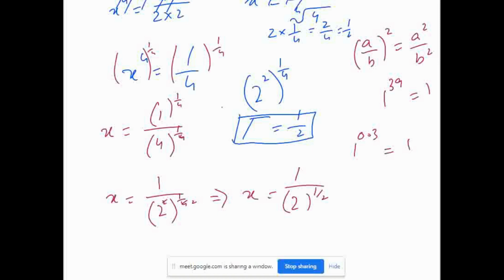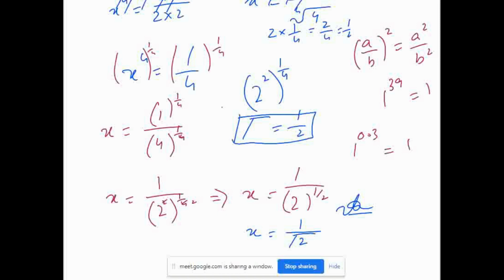No, it's not that complicated if you are familiar with the topic indices or exponents. Okay, don't worry about it, we will repeat it over here. So if you write the answer in this form, this is also correct. Okay, and if you want to replace this 1 by 2 with the square root, it's also correct.